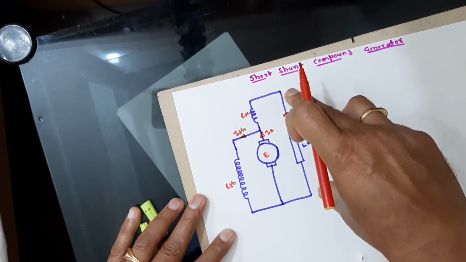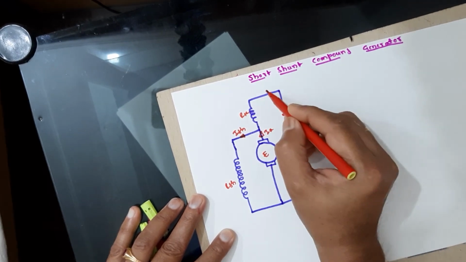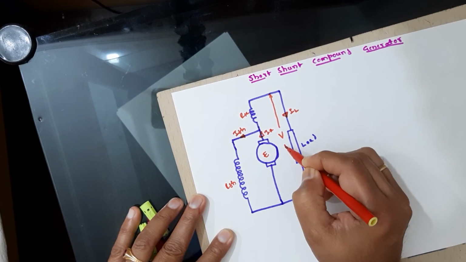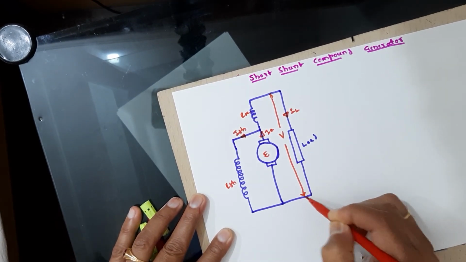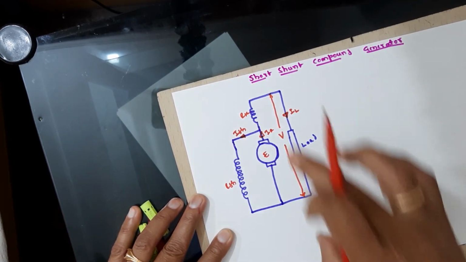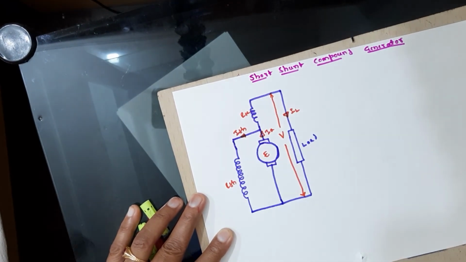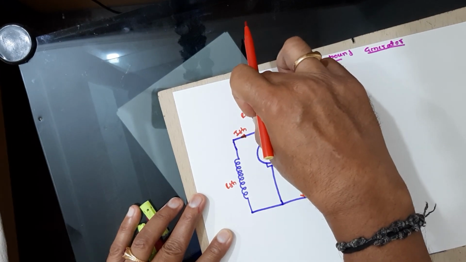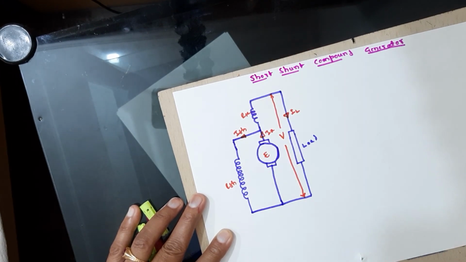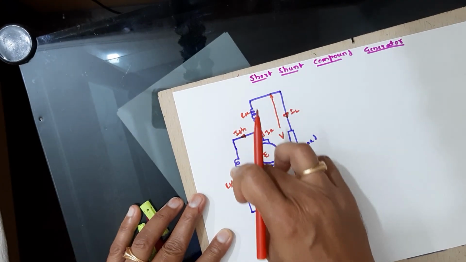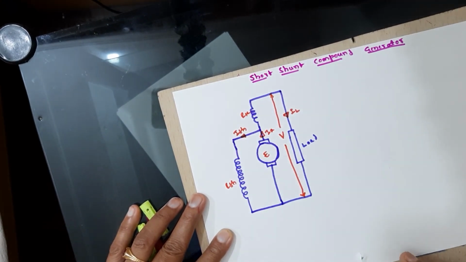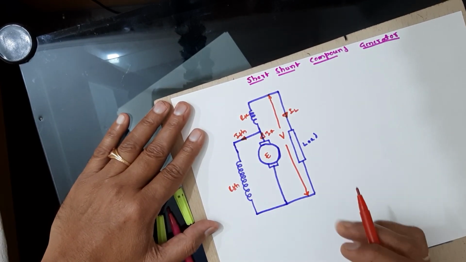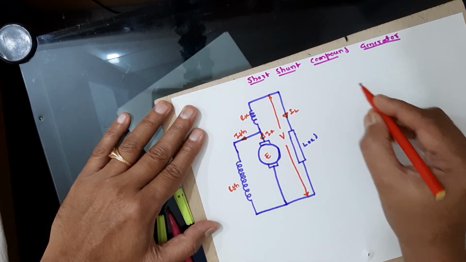But the voltage available across the terminal, which we represent as V, is not the same as the voltage across the field, because while calculating V there is an extra drop IL into R series that comes into picture, but it does not come into picture for the shunt field. Therefore, first I will write the voltage equation for the terminal voltage V.